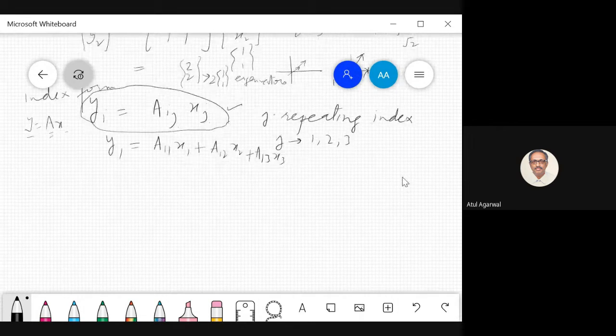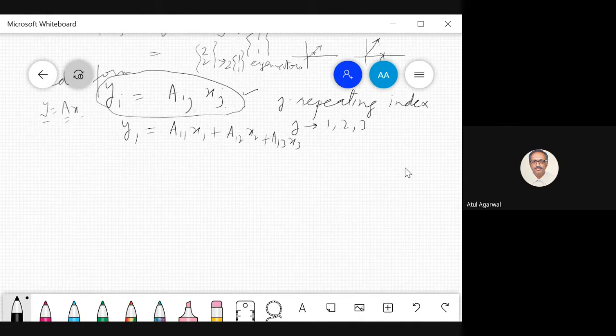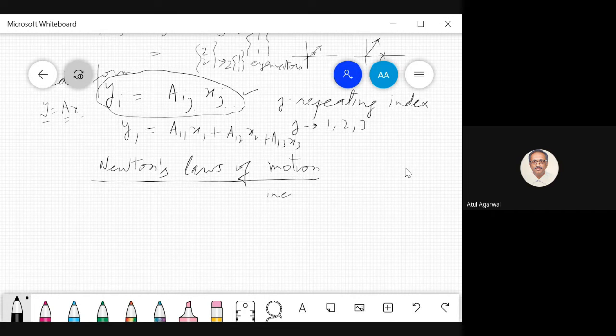Now let's come to Newton's laws. The first law defines an inertial frame. You can say that something will stay in a state of rest or uniform motion only if your observer is in an inertial frame.